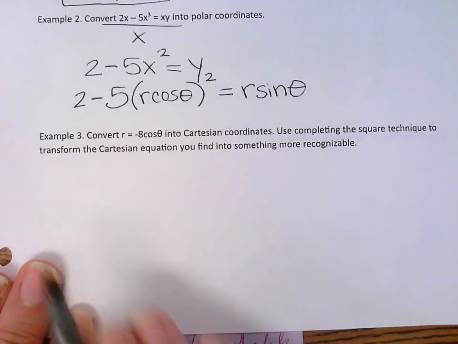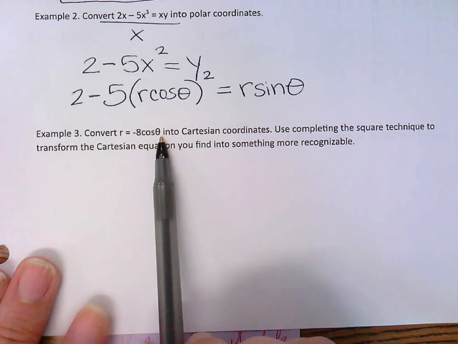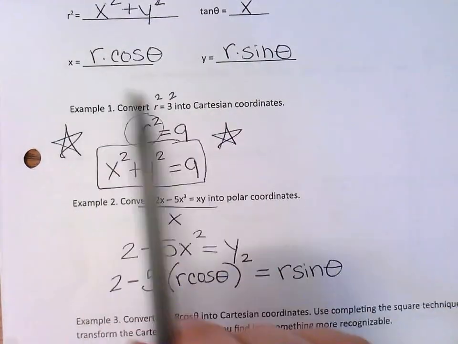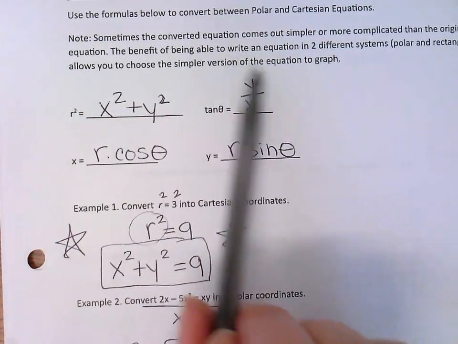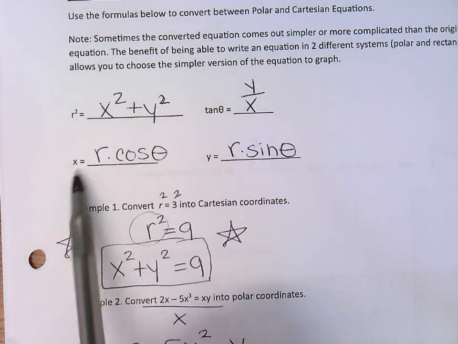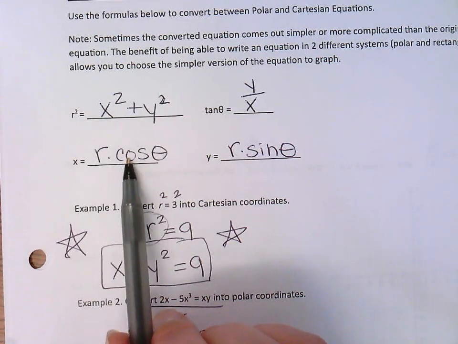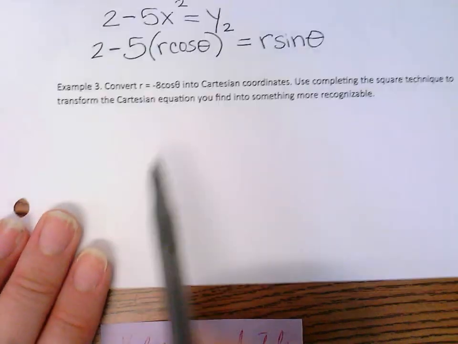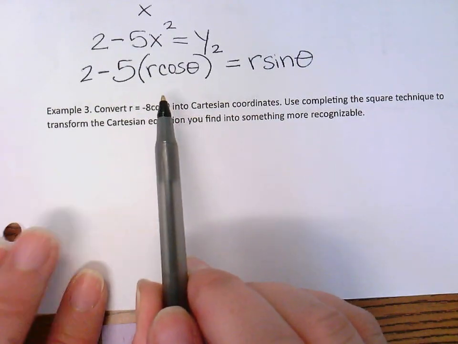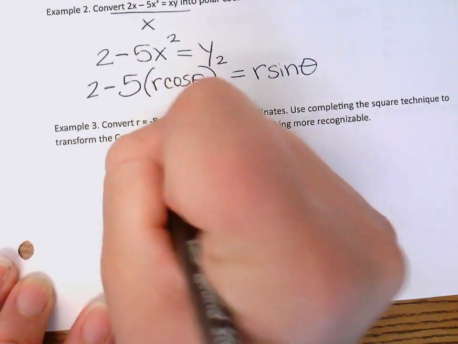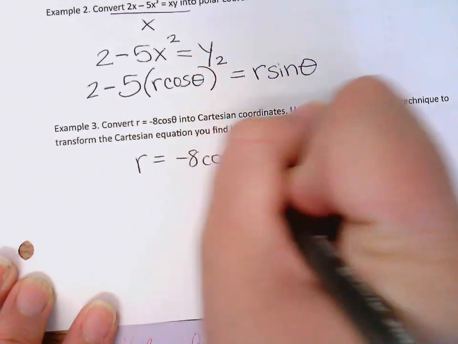I see a cosine of theta. What is cosine of theta linked with up here, though? X. But do you see r times cosine theta in your problem? So what you would have to do as your first step, I'm just rewriting the problem.